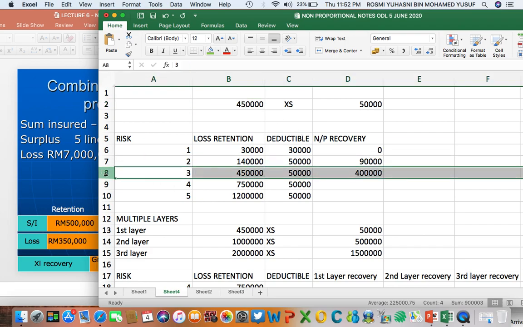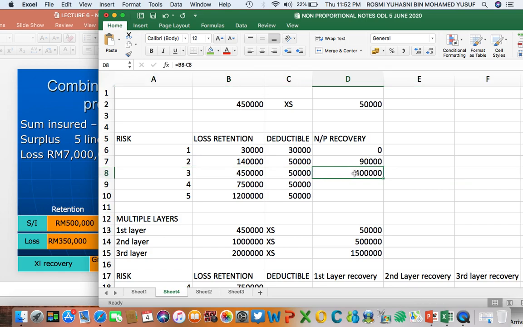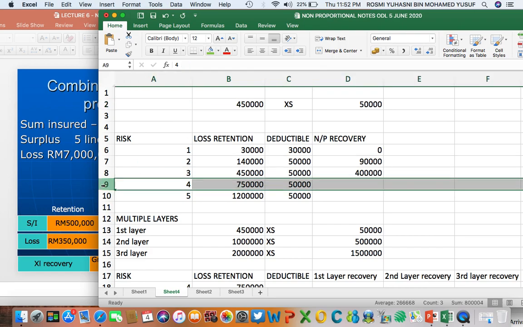For risk number 3, with an incurred loss of 450,000, after deduction of the deductible of 50,000, there is a balance of 400,000. And this 400,000 is recovered from the reinsurer because it is less than the maximum cover of 450,000.